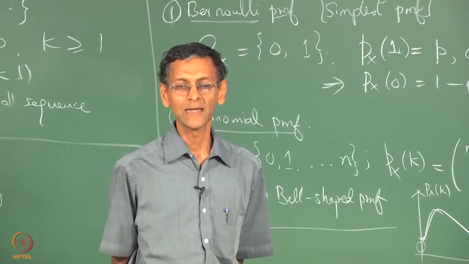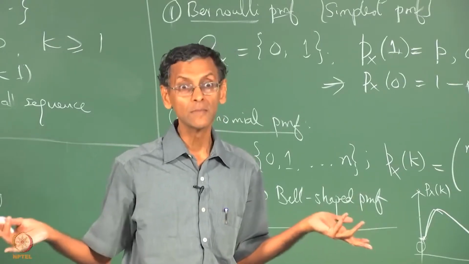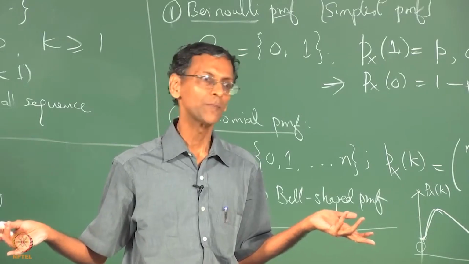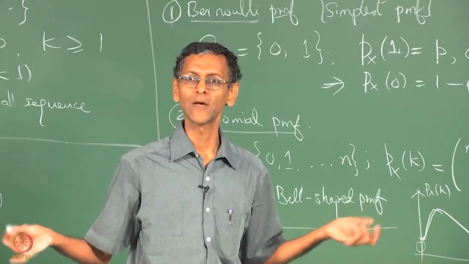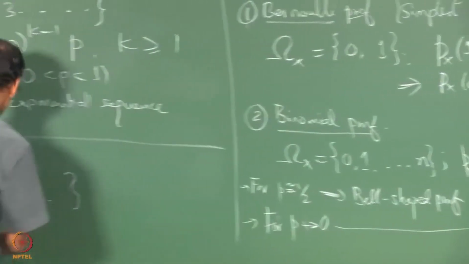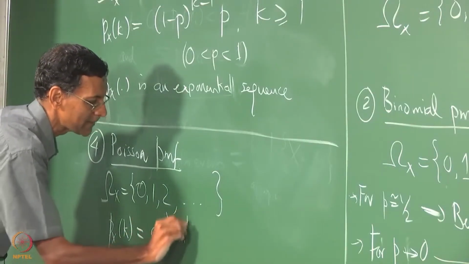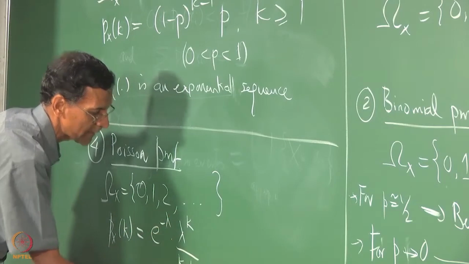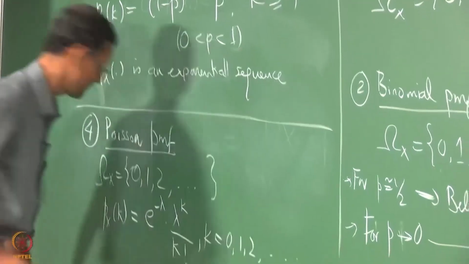It can be any non-negative number, from very close to 0 to very high, and the nature of the Poisson PMF is fundamentally different for small values of lambda and large values of lambda. So what is it in terms of lambda? It is e power minus lambda times lambda to the power of k by k factorial, for k equal to 0, 1, 2, like that.